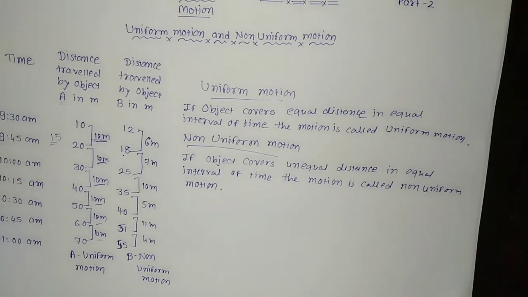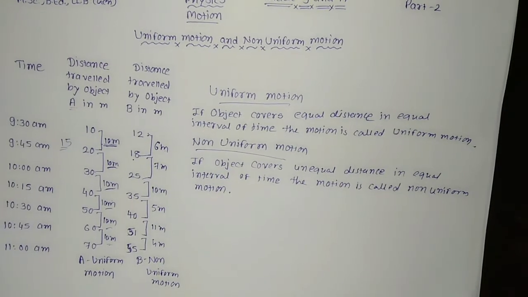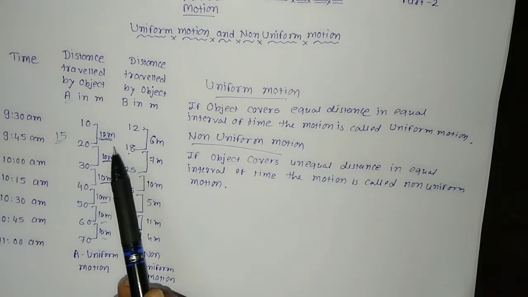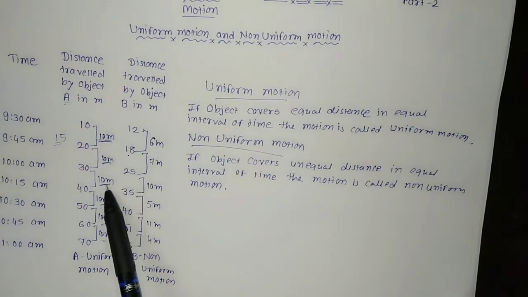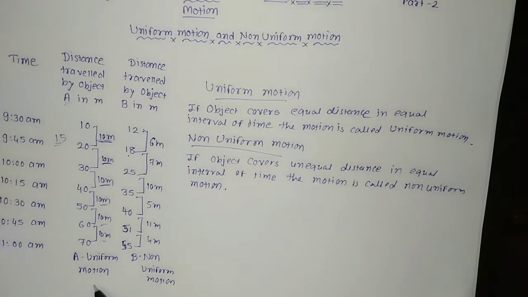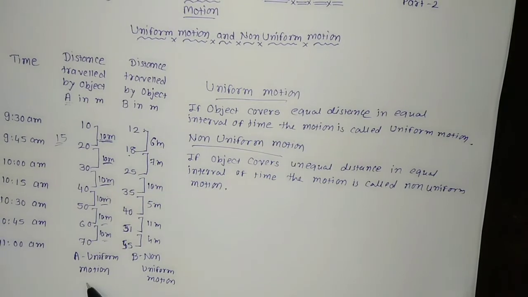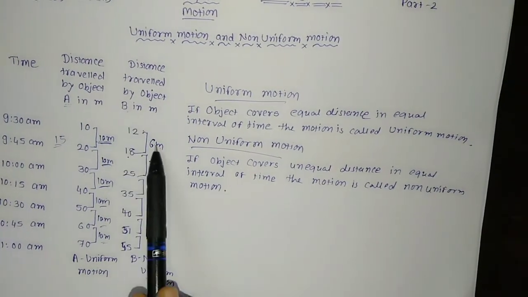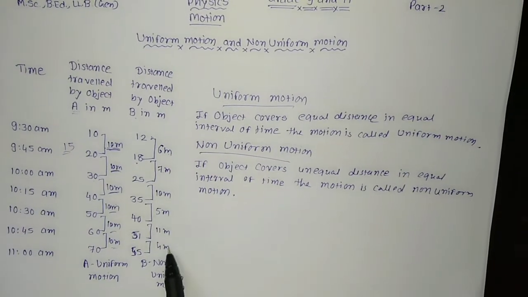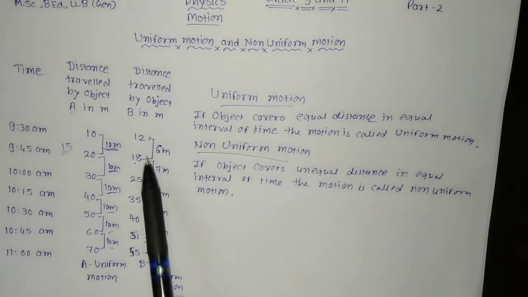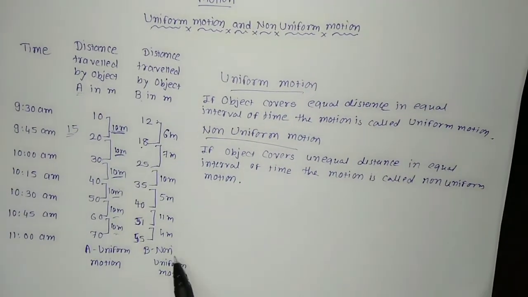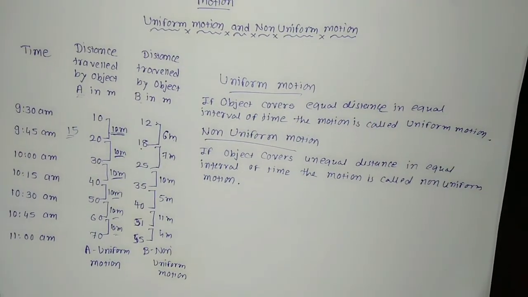I hope it is clear that object A covers equal distance in equal intervals of time, so its motion is considered uniform motion, while object B traveled unequal distance in equal intervals of 15 minutes, so object B is moving with non-uniform motion.